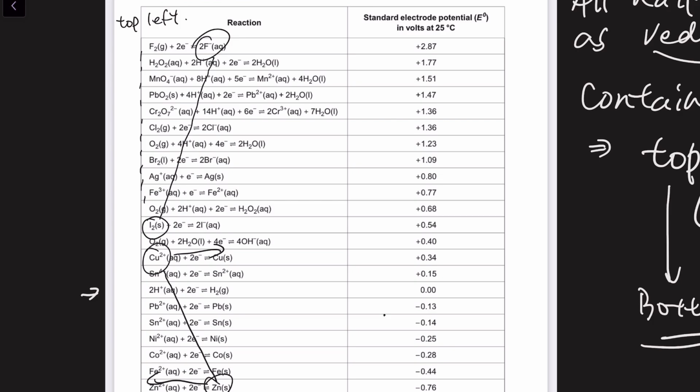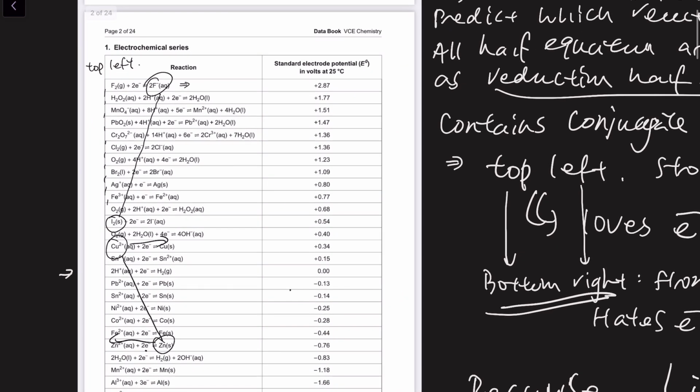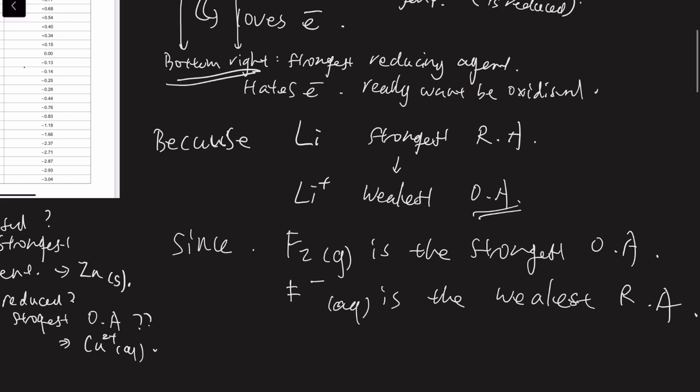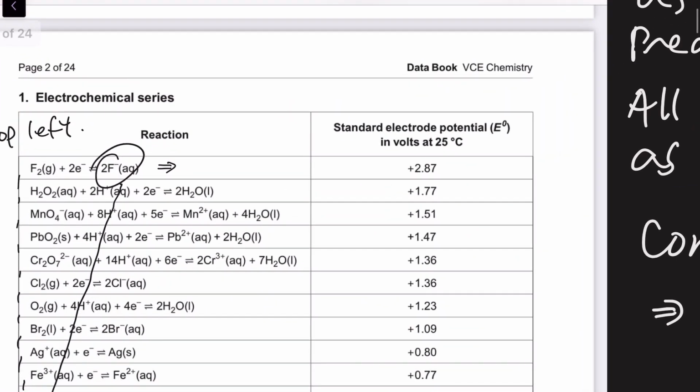In this case, nothing would happen. You can also perhaps try to understand this using the chemical theory. Because the fluoride ion, as we discussed here, is the weakest reducing agent.